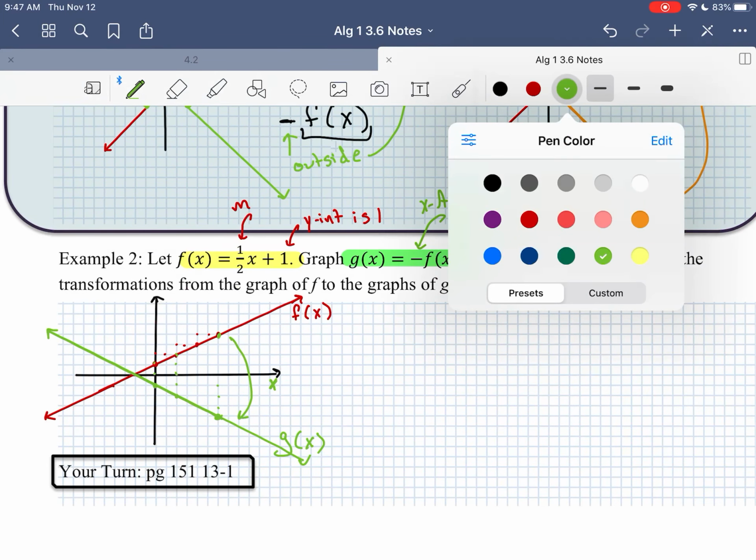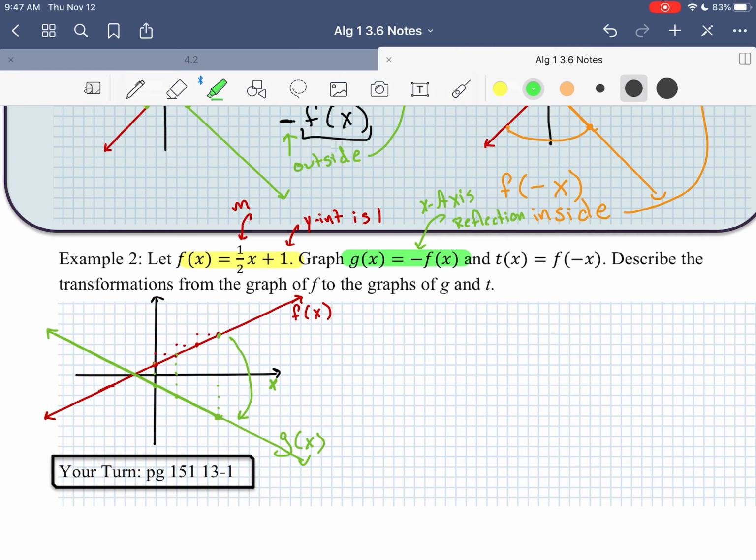Okay, next one is t. So we want to graph t of x equals f of negative x. Here this negative x is inside, so that's going to be a y-axis reflection. Again, we are reflecting that f function, so I take this red one. My y-axis is here, so I'm going to reflect it over this y-axis.